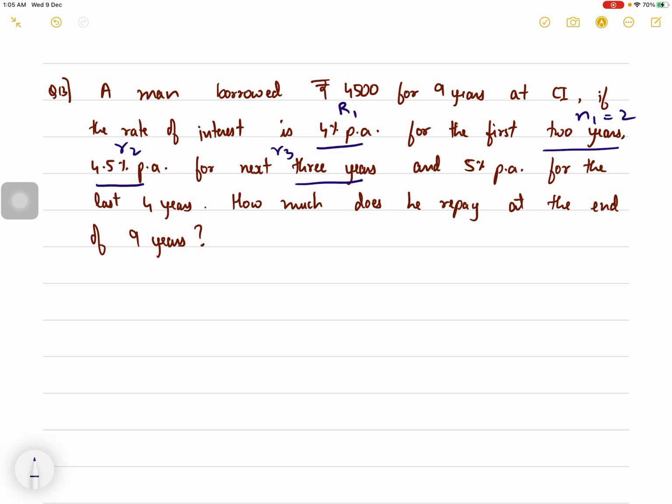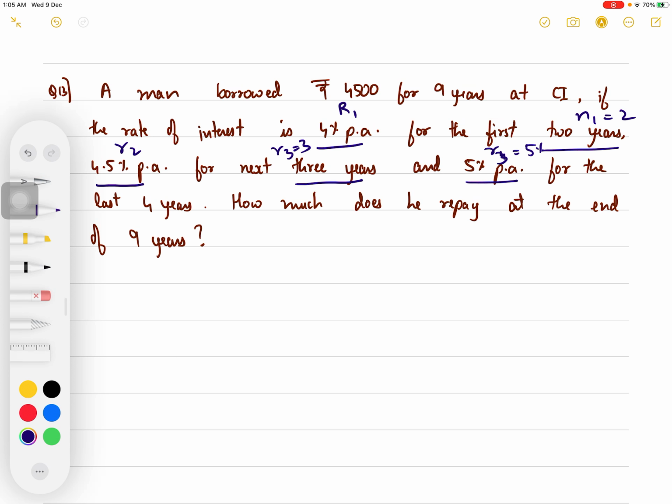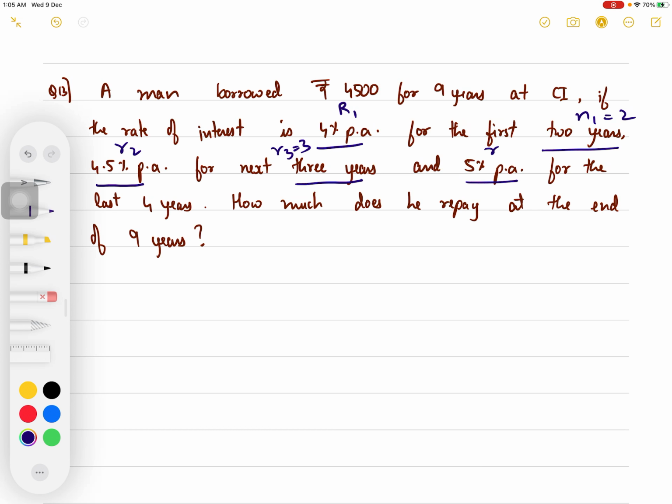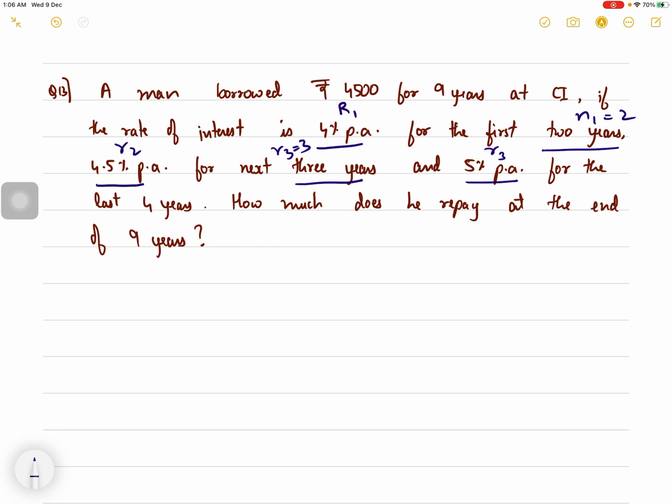So R2 is 4.5% for the next 3 years, so N2 is equal to 3. And 5% per annum for the last 4 years. So R3 is 5%. For the last 4 years, that means N3 is 4.